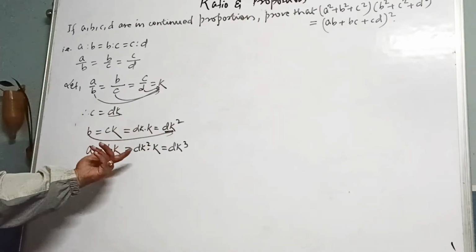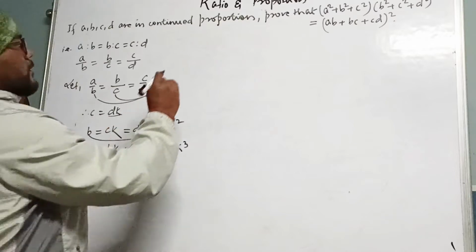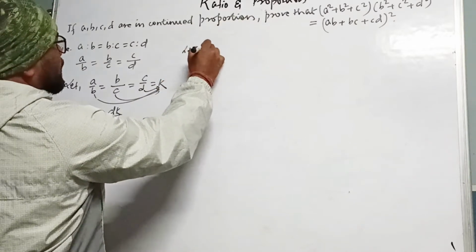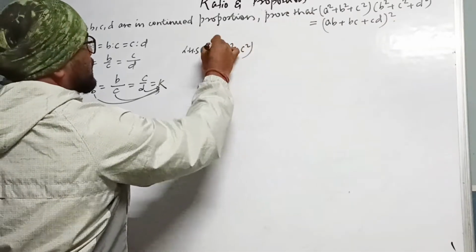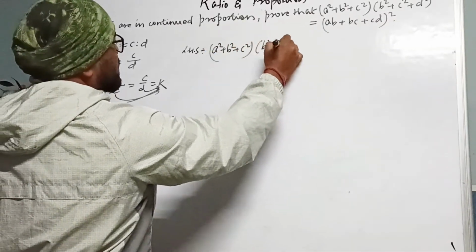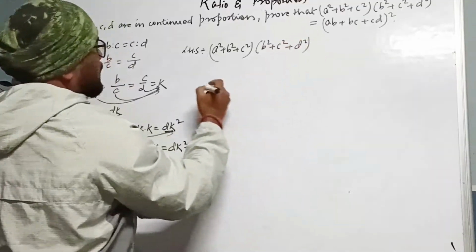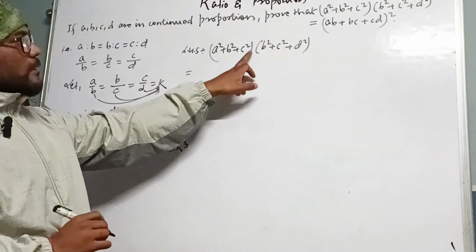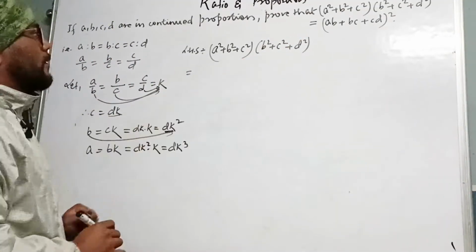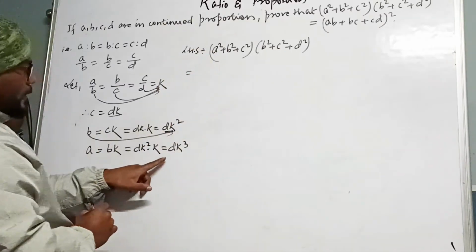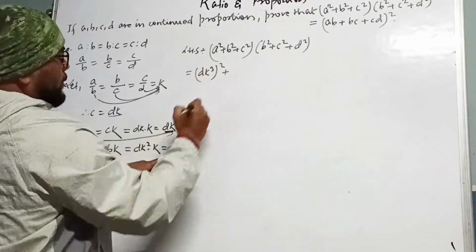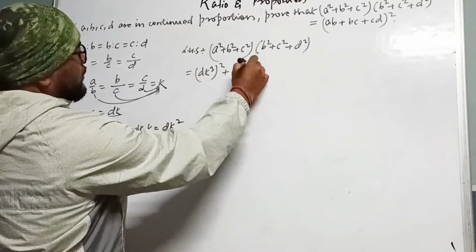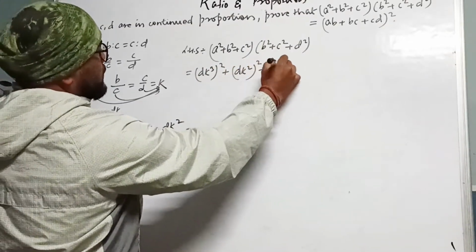Okay. Now let's go to the LHS. So LHS is given here: A square plus B square plus C square, into B square plus C square plus D square. Okay, so this is the multiplication sign. A, we are getting a value as DK cube, B is DK square, and C means DK.